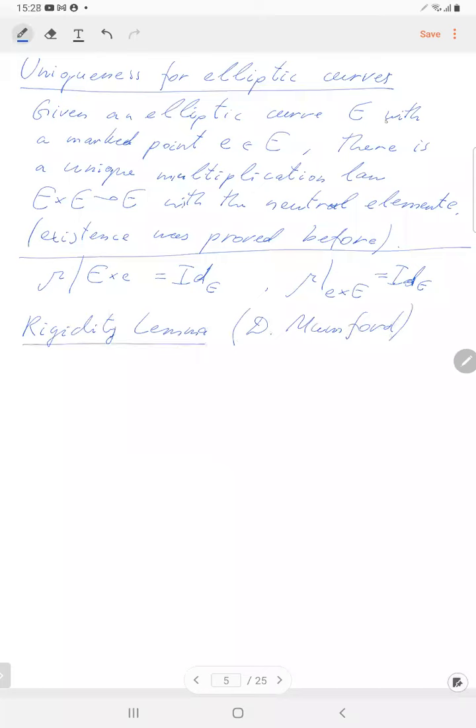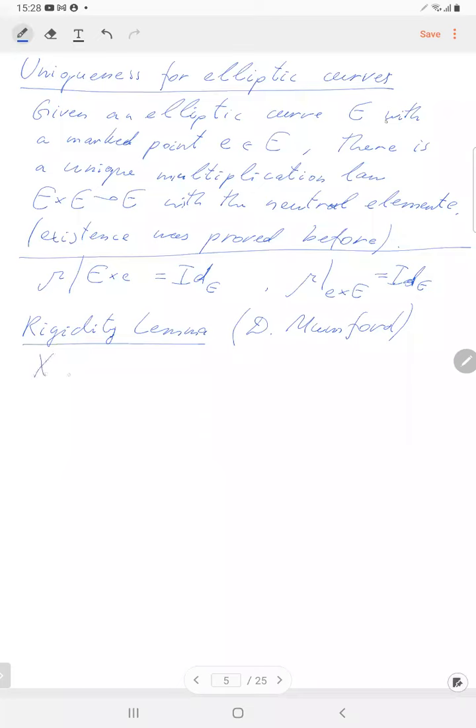It's much more important than this application about elliptic curves. Elliptic curves are very nice and beautiful, but this rigidity lemma is very general and very useful. So you will encounter it many times in many applications. So we have a morphism from the product of two varieties to another one.